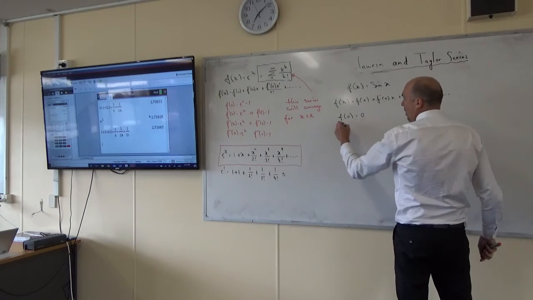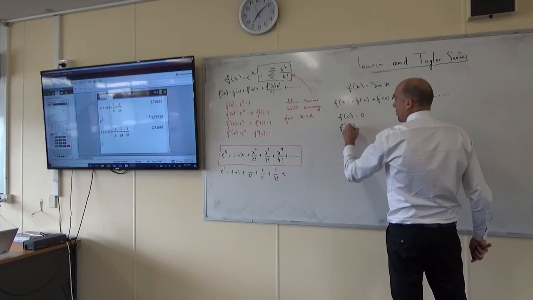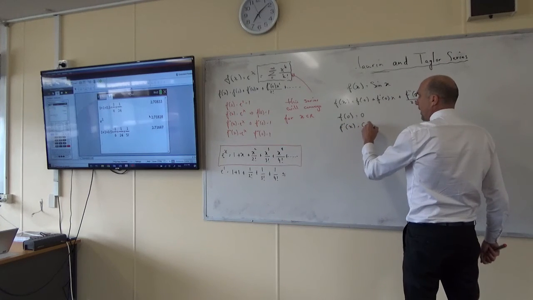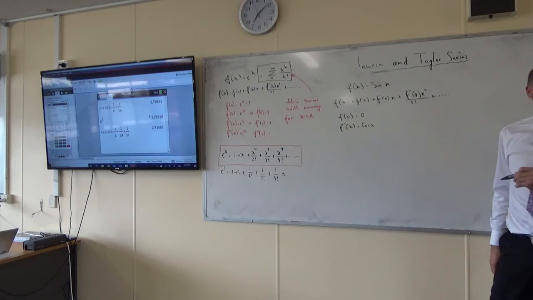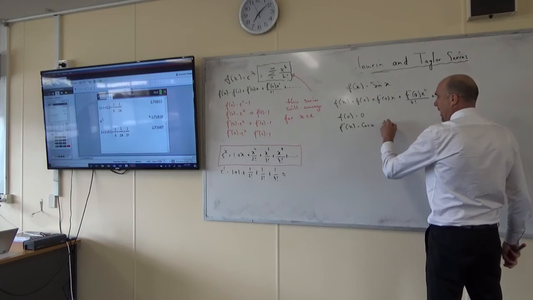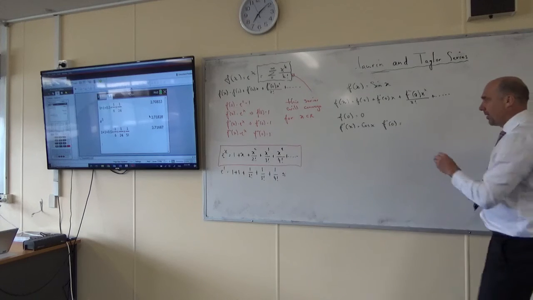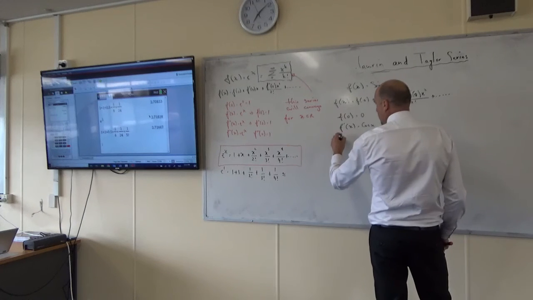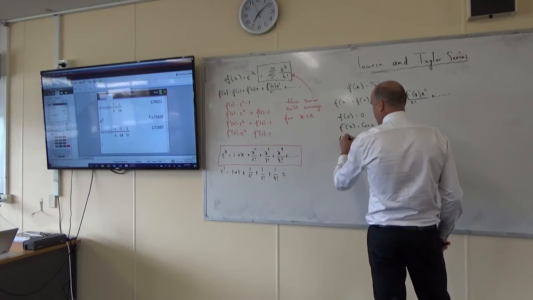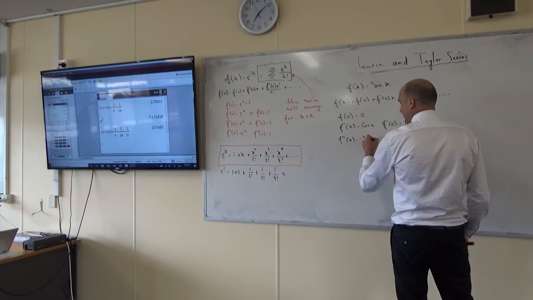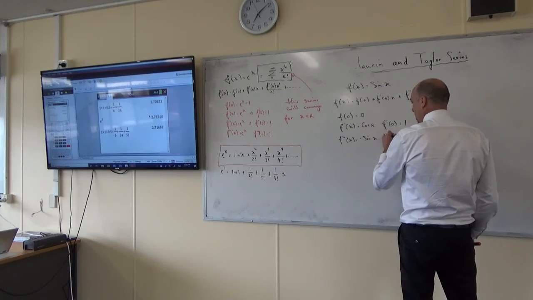Voila, very good. What's f dash x equal to, everyone? Cos x. What's f dash 0 equal to? 1. Very good. What's f double dash x equal to? Minus sine x. f double dash 0 equals to?